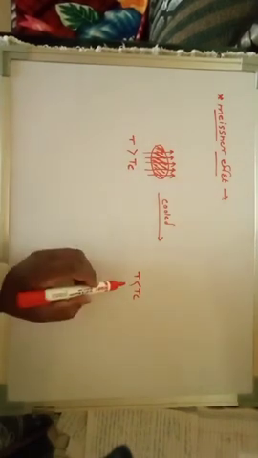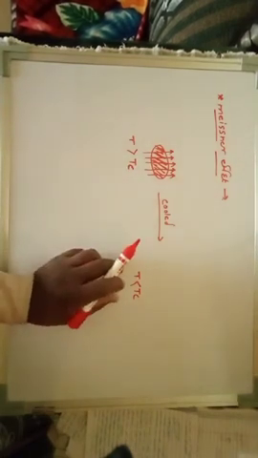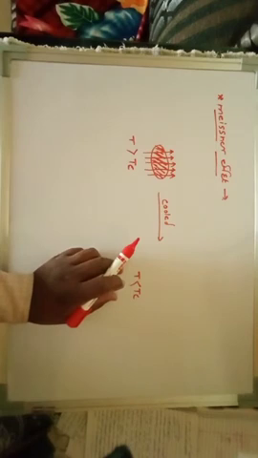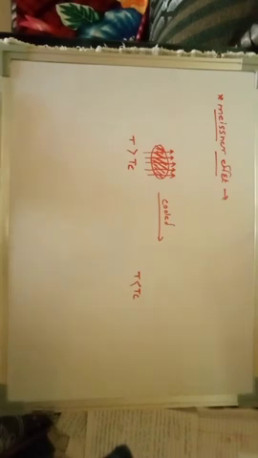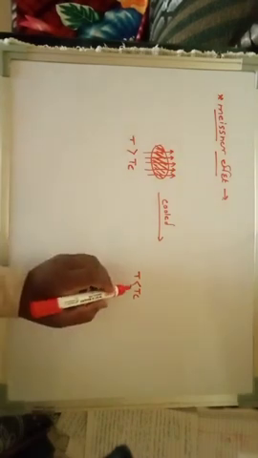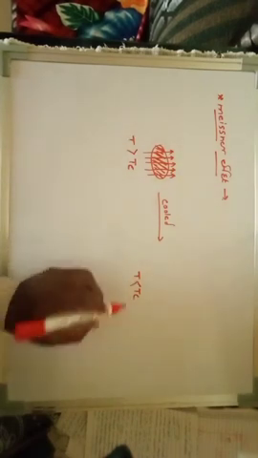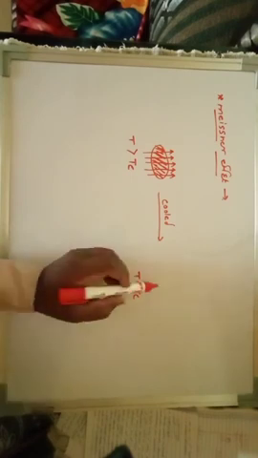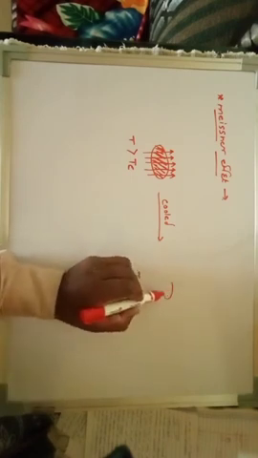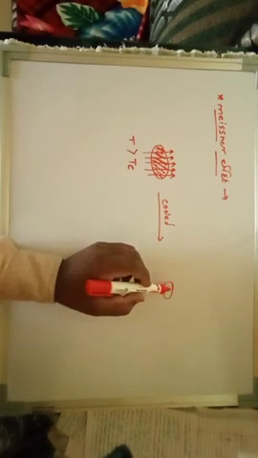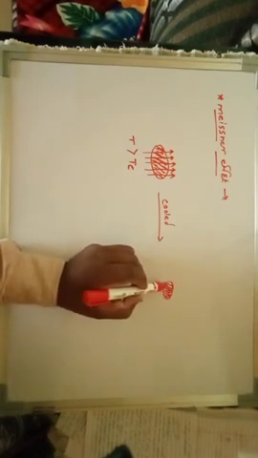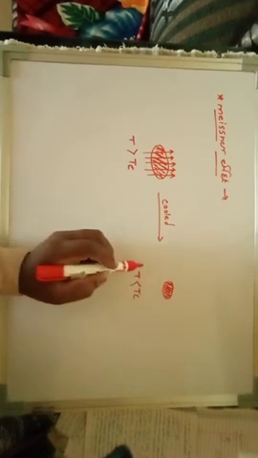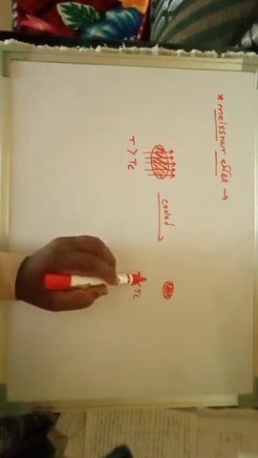So this condition indicates that the material is a superconductor, in the superconducting state, and it will expel the magnetic lines of force. So there is no effect of the magnetic lines of force.